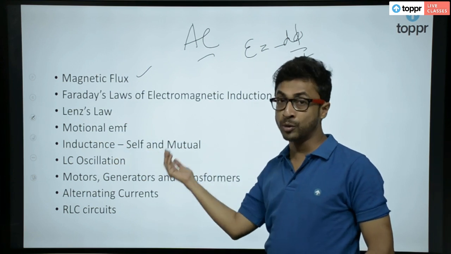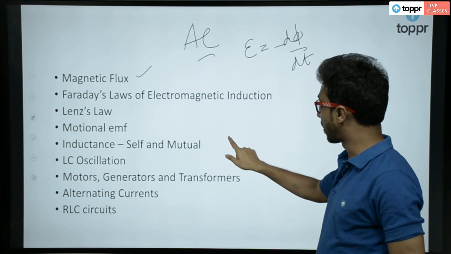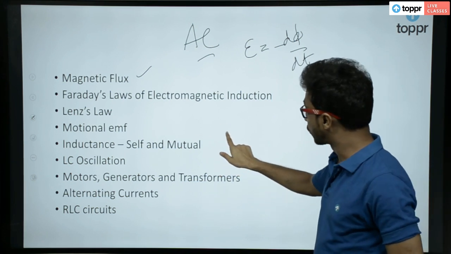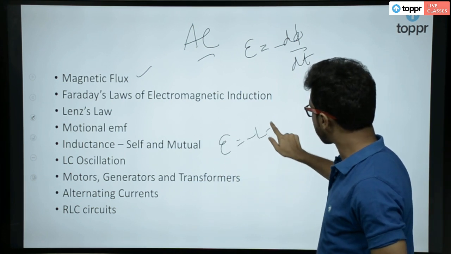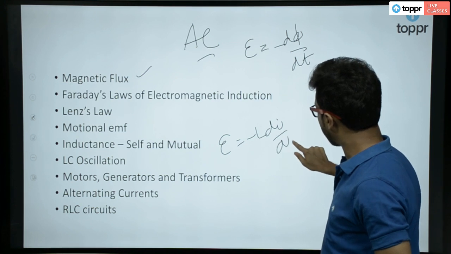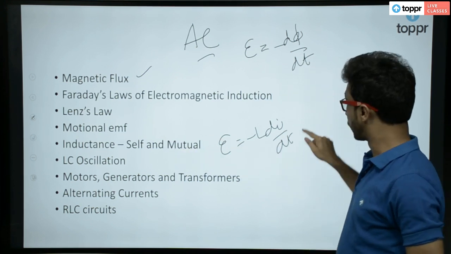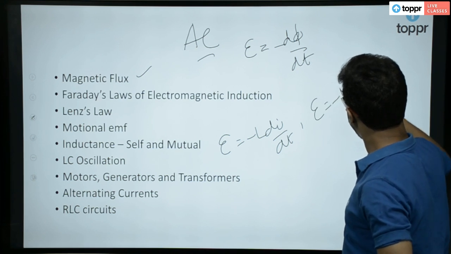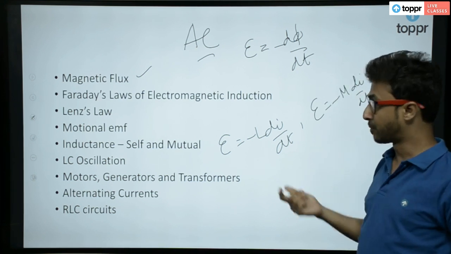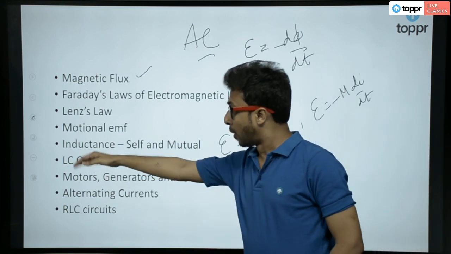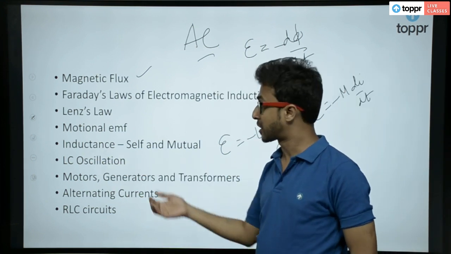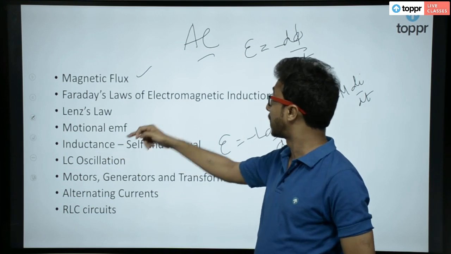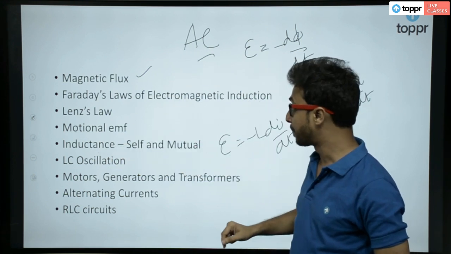Inductance, self and mutual. You should remember the formula: E equals minus L di by dt for self inductance. For mutual inductance it will be E equals minus M di by dt, where M is the mutual inductance. We'll move on to LC oscillation, which will also be covered in the topics of AC.